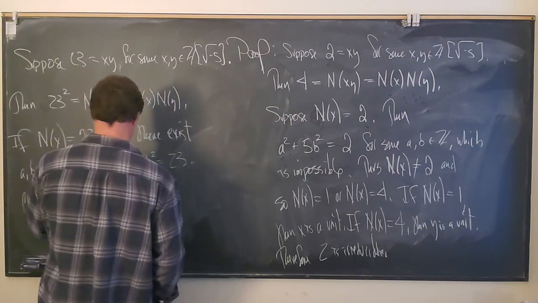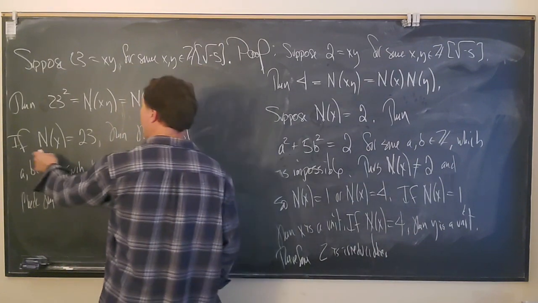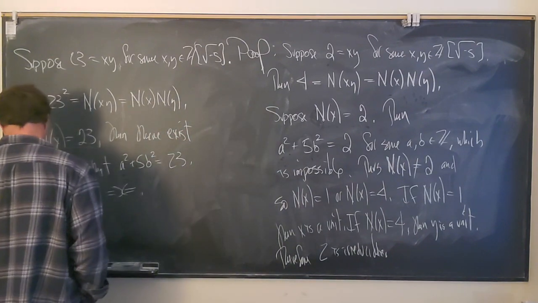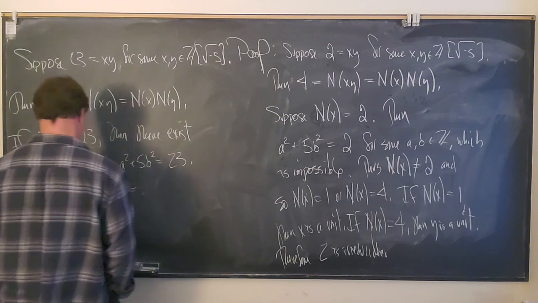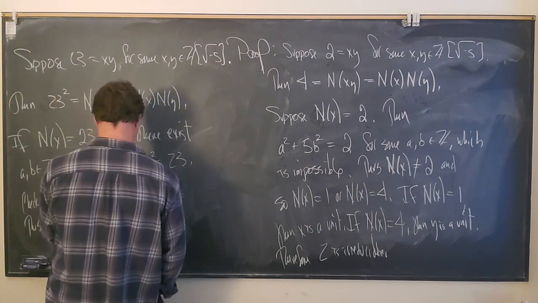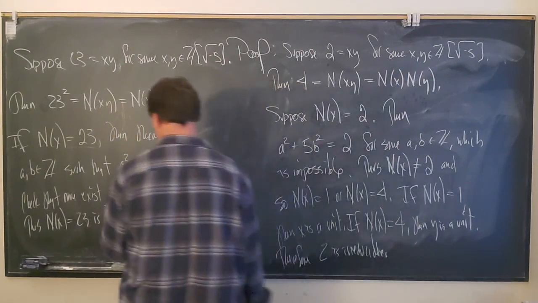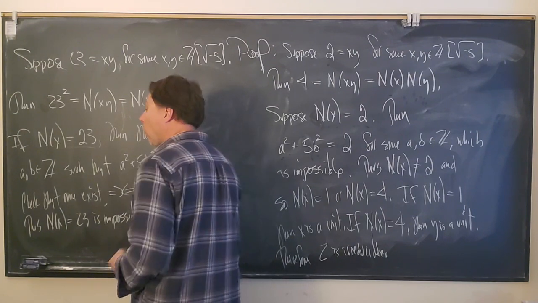That's a contradiction, and therefore the norm of x and the norm of y can never equal 23. So norm of x equal to 23 is impossible. And for the same reasoning as before, x or y is a unit.